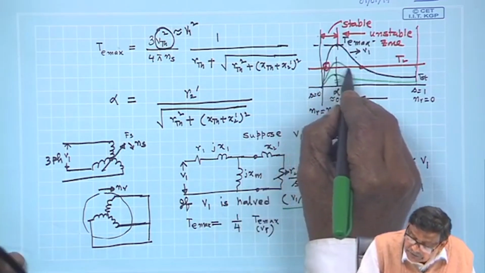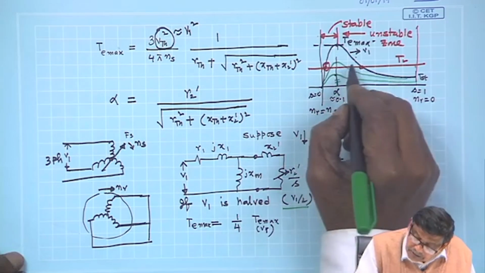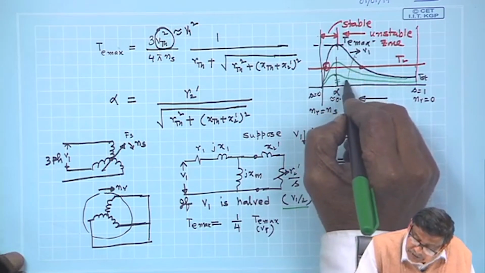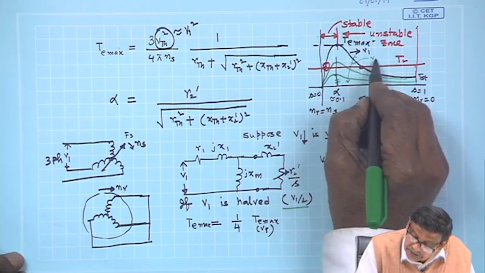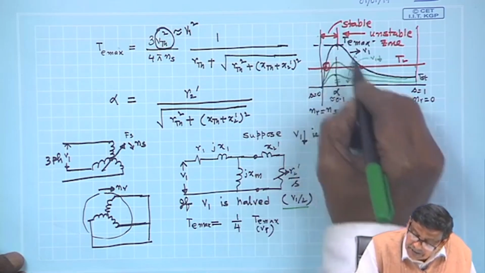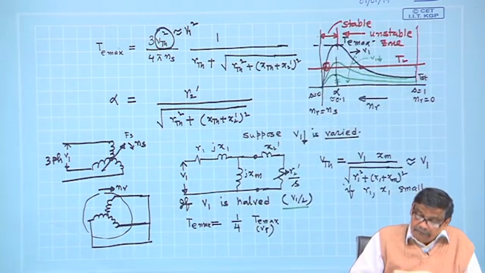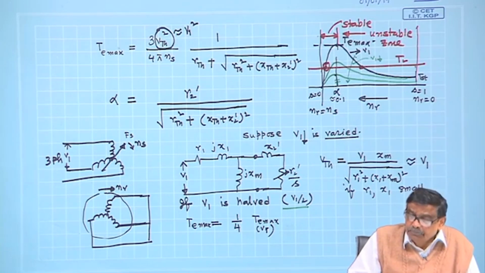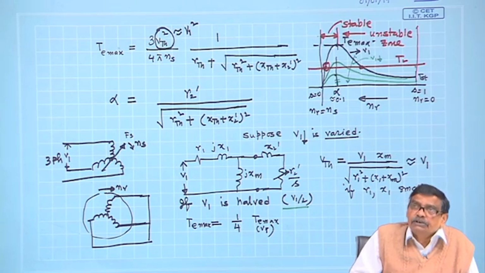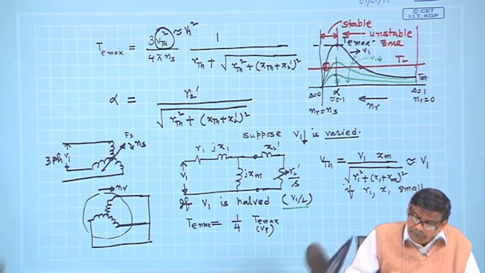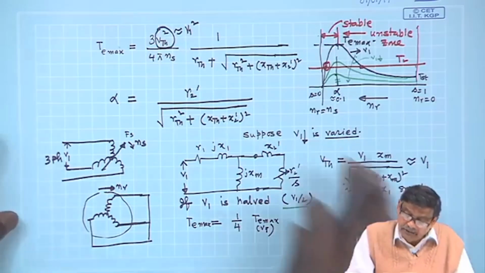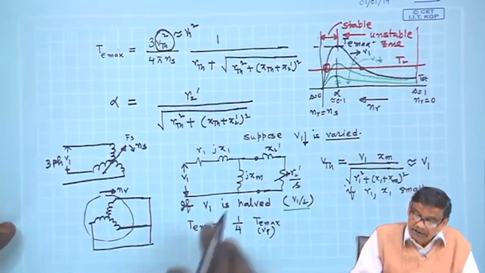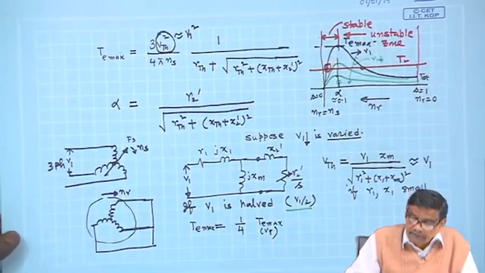If you reduce it like this, so this is V1 decreasing, a family of curves you can get. Keeping frequency constant, I am not going to change the supply frequency, and I have assumed you do not have any provision to vary the frequency. Therefore, this is the effect of variation of supply voltage on torque slip characteristics.